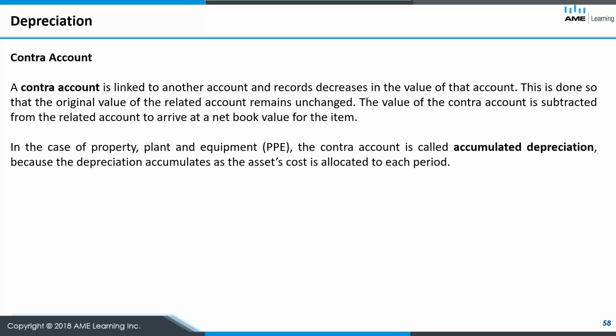And that is an account called a contra account, as you can see here. The word contra, I think maybe it's Latin or something to that effect, basically means opposite or against, and in an accounting context, it's going to decrease the value of another account, essentially.